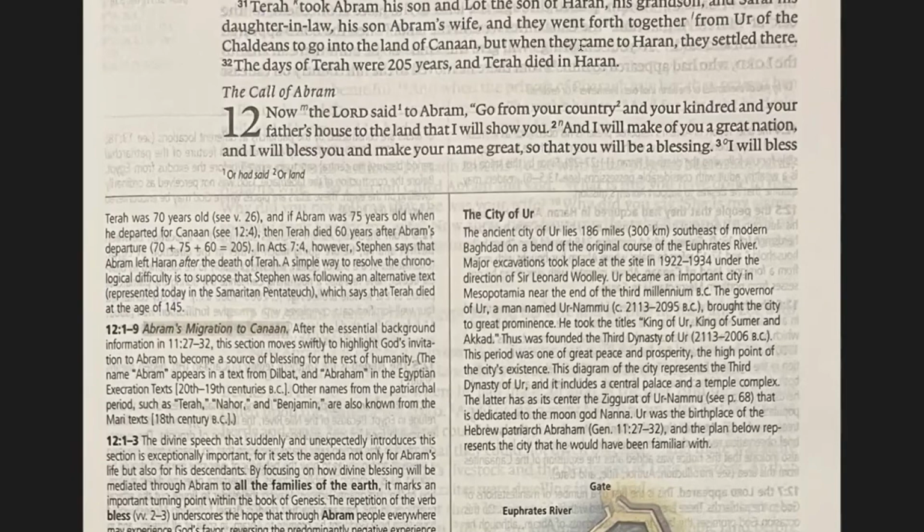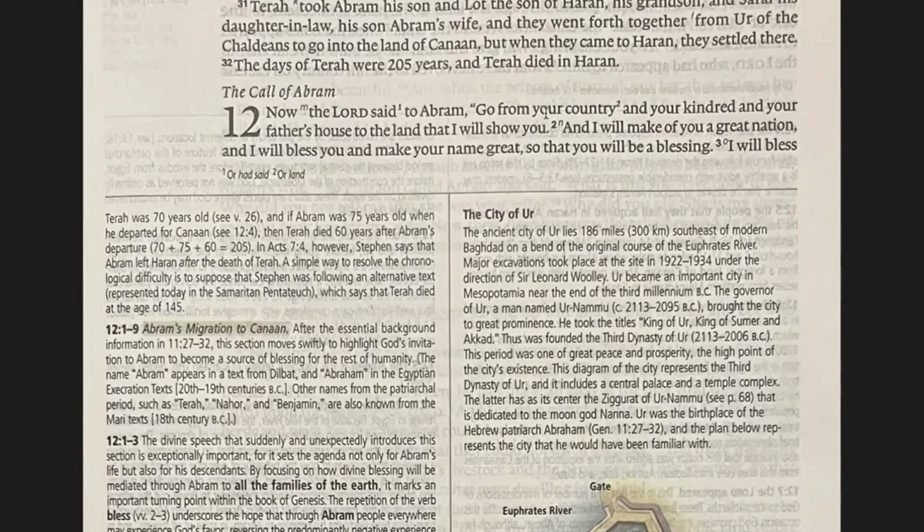But when they came to Haran, they settled there. The days of Terah were 205 years, and Terah died in Haran. Stephen says that Abram left Haran after the death of Terah.